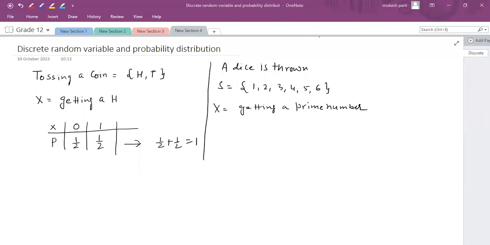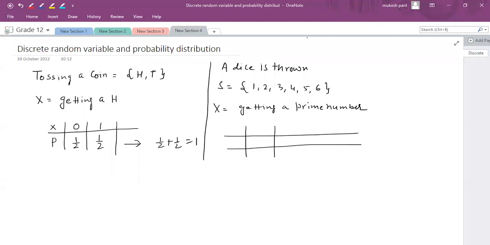So getting a prime number is a discrete random variable X. We'll make a probability distribution table, with the random variable X and its probability P(X).